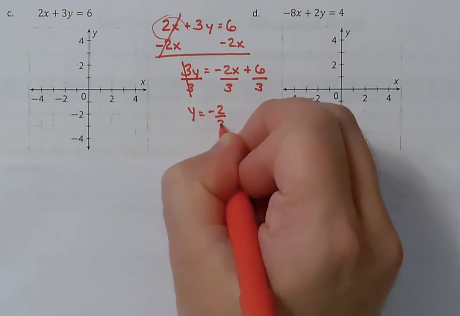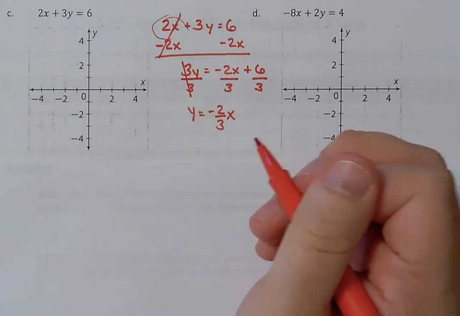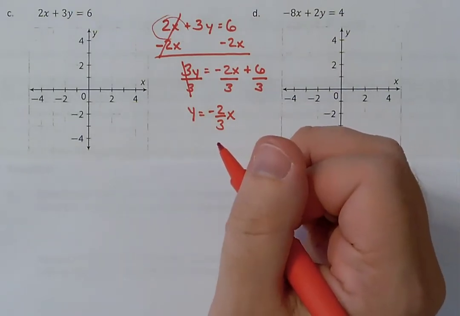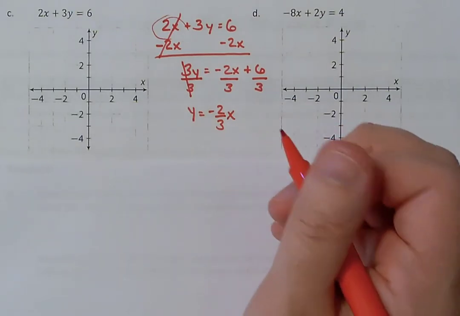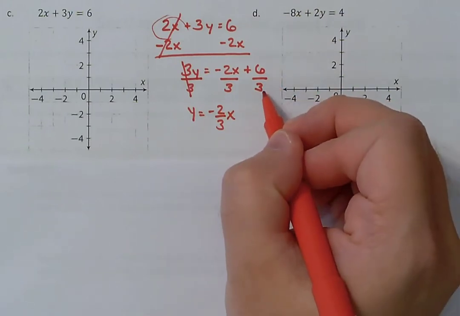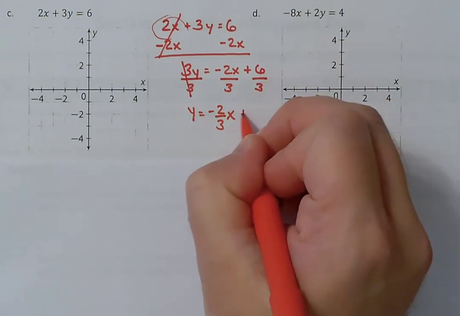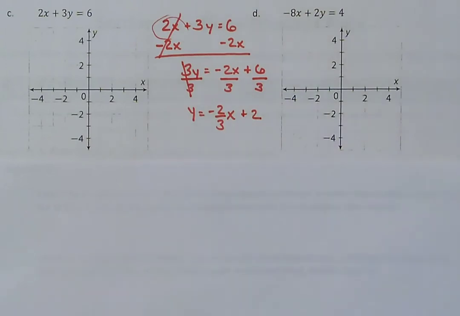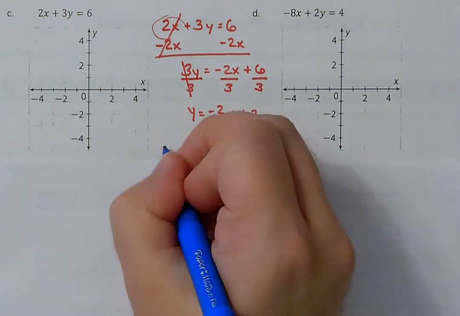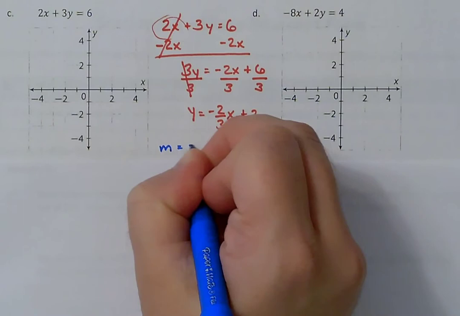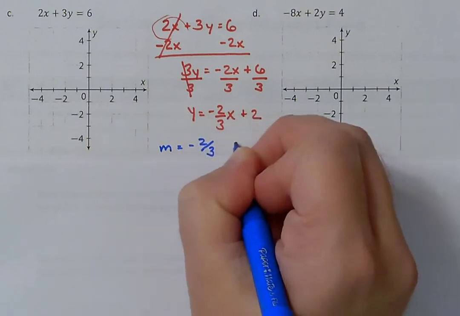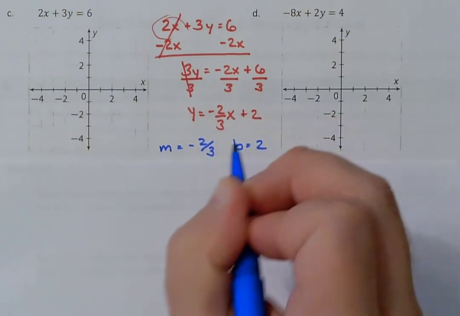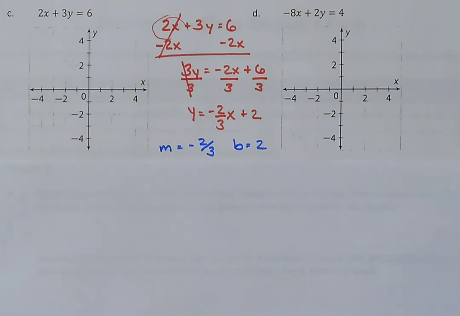So we're going to leave it as negative 2/3 x. Fractions are fine today because as you saw with slope, it actually works out well. And then if I do 6 divided by 3, I get plus 2. So that means my m is negative 2/3 and my b is 2.